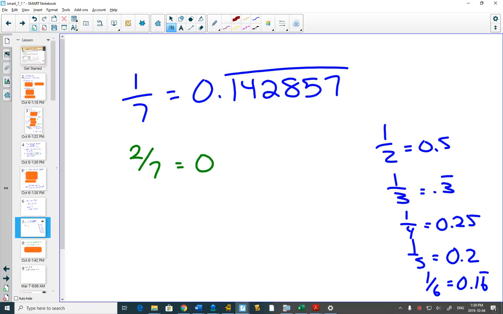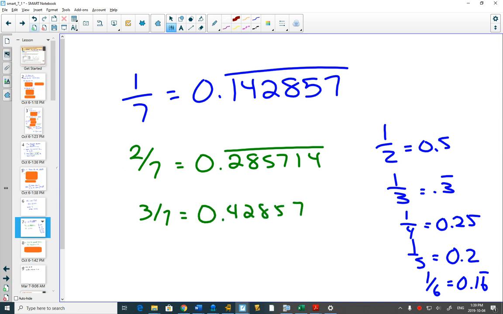So 2/7 is 0.285714 repeated. And 3/7 happens to be 0.428571 repeated. Your job is to tell me what 4/7 is. If you figure it out, don't yell it out right away to ruin it for someone else.